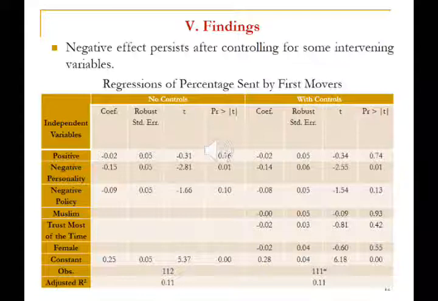We also control for income, but it's not here. And we even control for the trust level as measured by the usual question, the World Values Survey question. And as you can see, the negative personality has the expected sign, which is negative, and it is statistically significant.